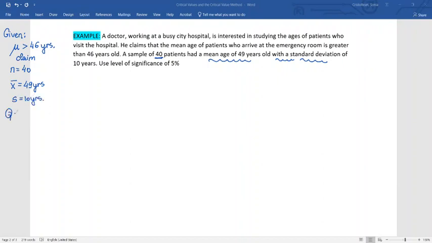And the question is, do a test for this claim. I will also write down that alpha is 0.05, it says right there. So it's a test for the mean.